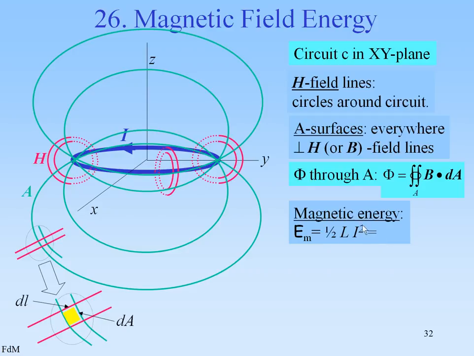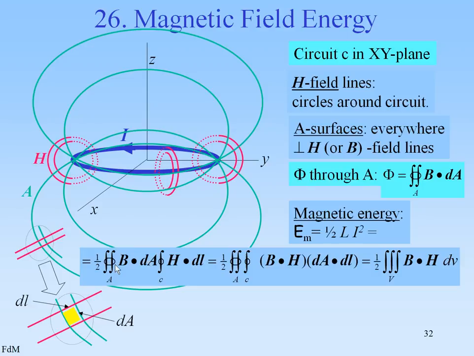And what is the volume element, the surface element here? The green lines are the two equipotential surfaces, and the red lines are the H lines here. This is perpendicular to each other. And this means that L is half B times H integrated over the surface and the length.